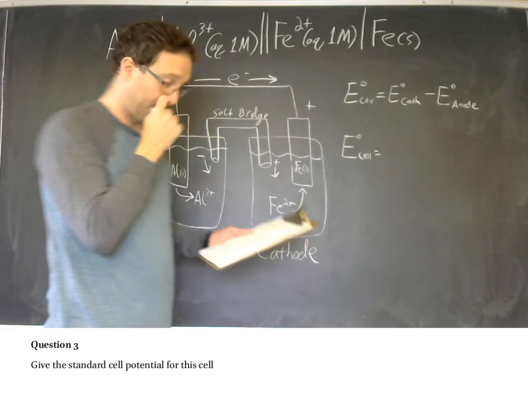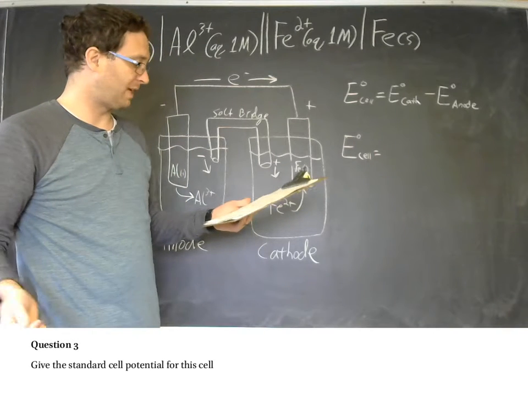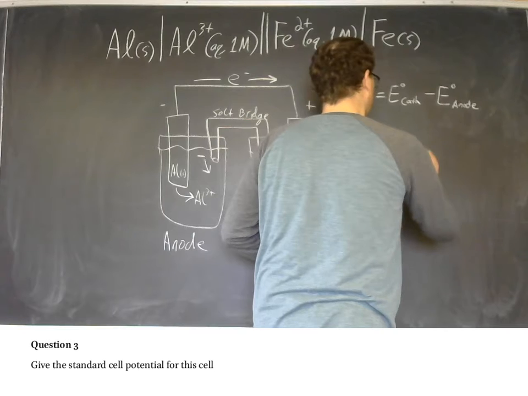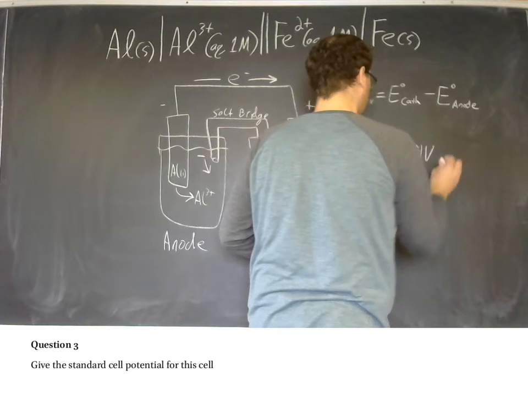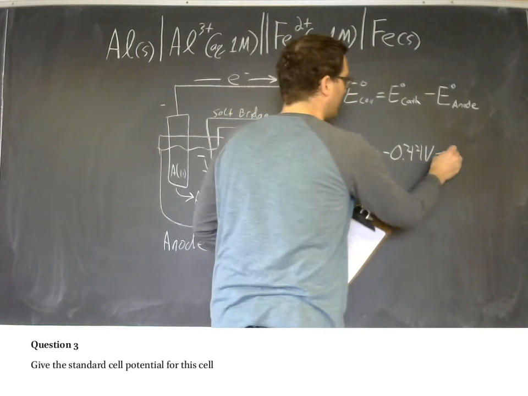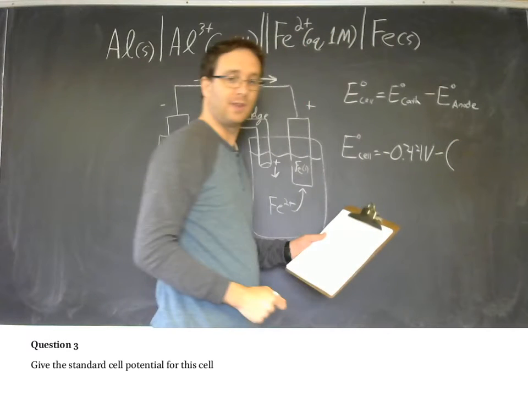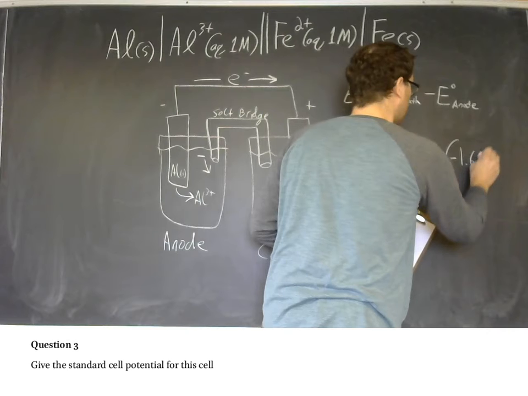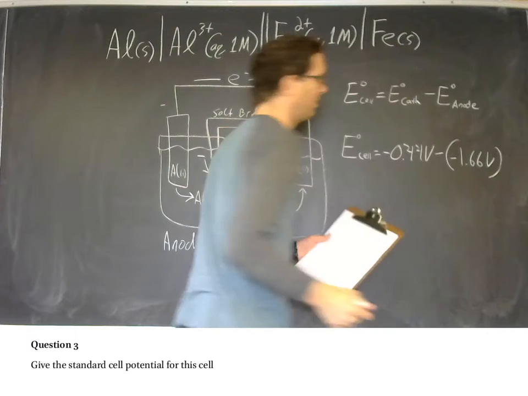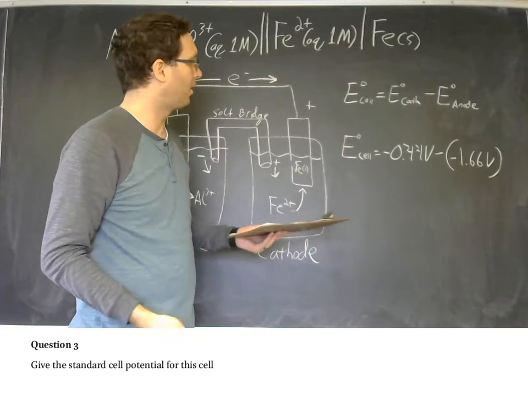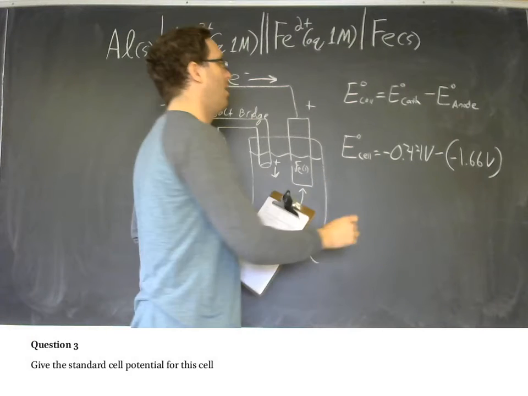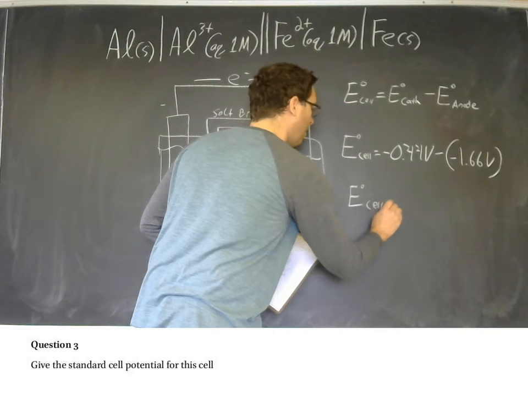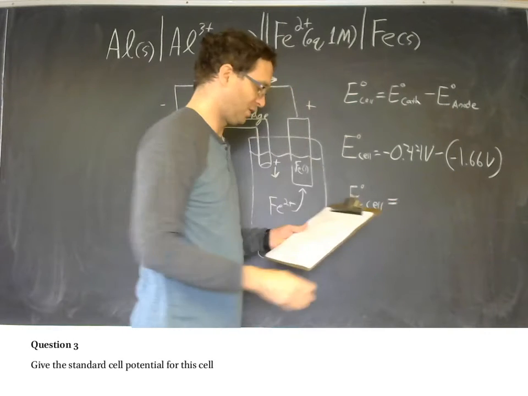So the standard reduction potential for the cathode is negative 0.44 volts. And the standard reduction potential for the anode is a negative 1.66 volts. So negative 0.44 minus a negative 1.66 gives us an E naught cell, or a standard cell potential, of 1.22 volts.